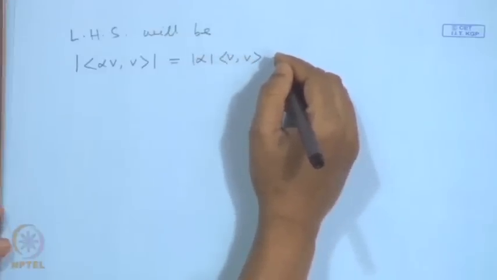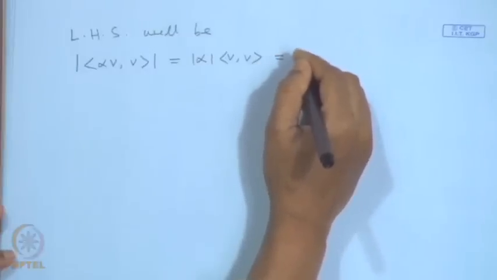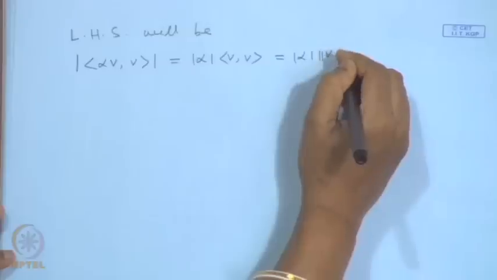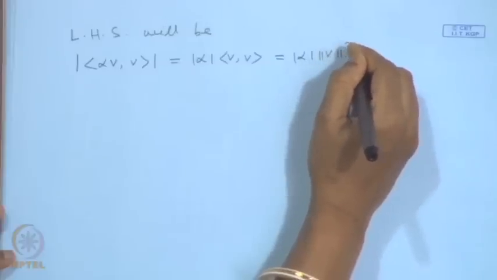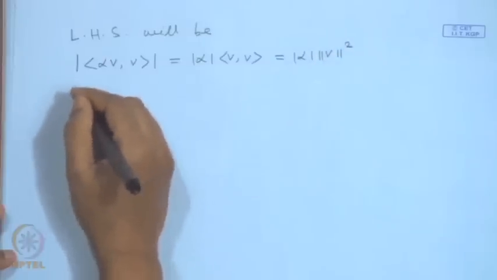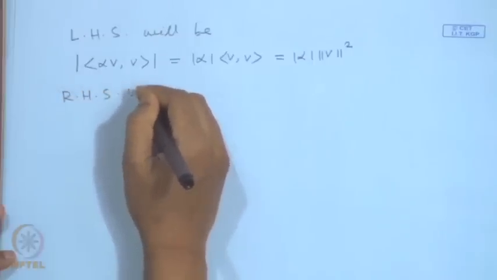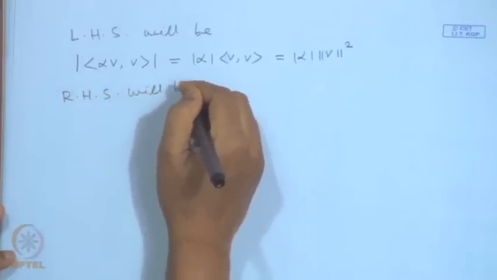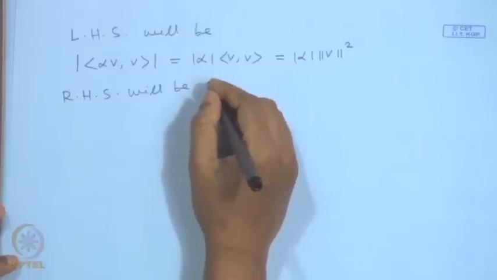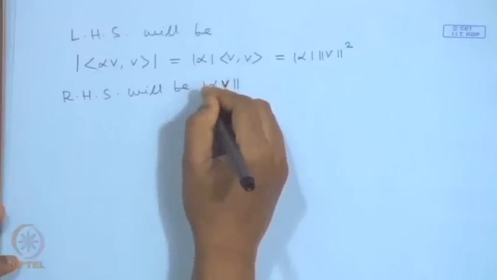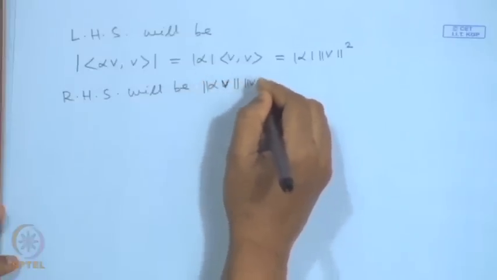So, this is equal to absolute value of alpha and square of norm of v, and RHS will be norm of alpha v times norm of v.